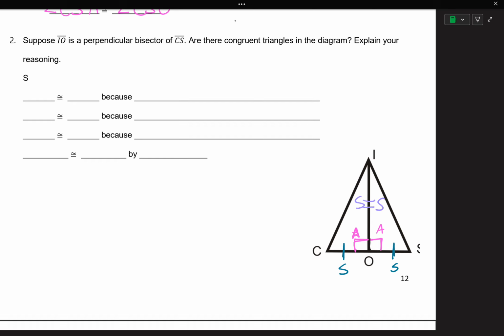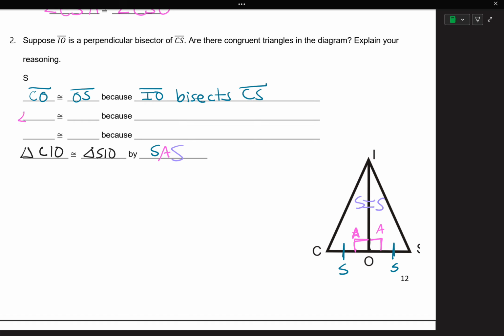Absolutely. These two triangles, triangle CIO and triangle SIO, are congruent by side, angle, side. Well, let's write that down. First, we have the two congruent sides. We got CO congruent to OS because IO bisects CS.